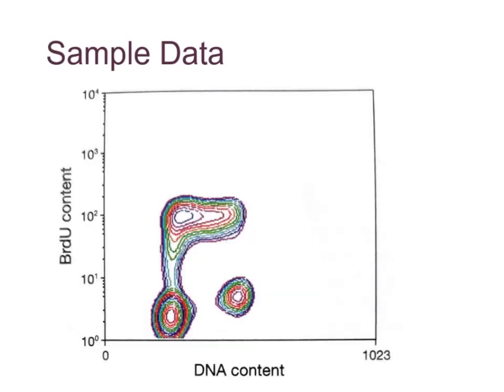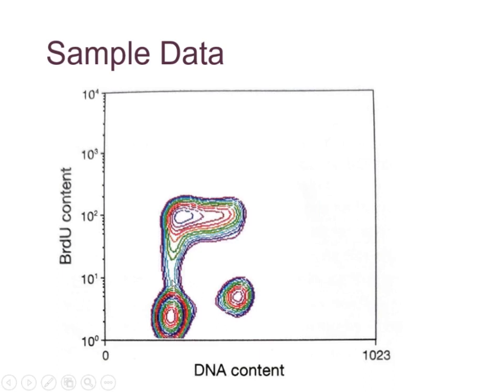And this is some sample data, and not of ours, but borrowed from somebody else, where they were measuring not surface antigen, but bromodeoxyuridine content and comparing to DNA content. And usually, if you looked at this, you'd say this is your normal complement of chromosomes, and this is just before mitosis, when you have cells that have twice the amount of DNA.